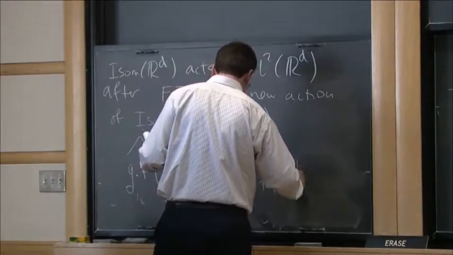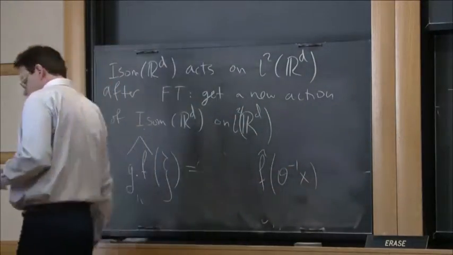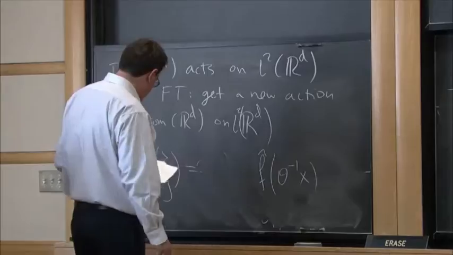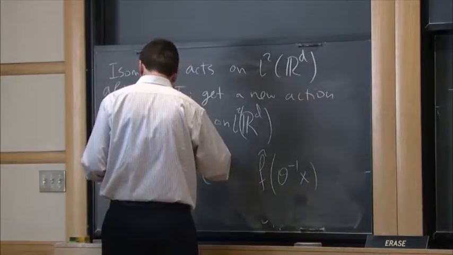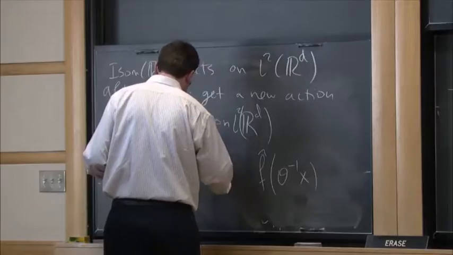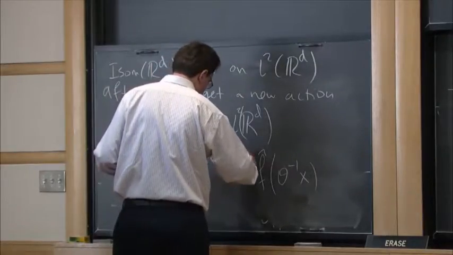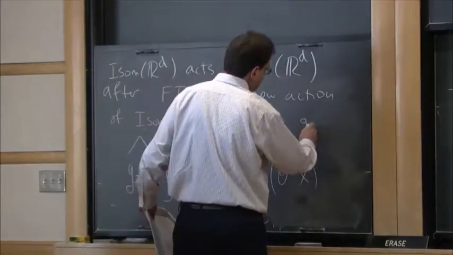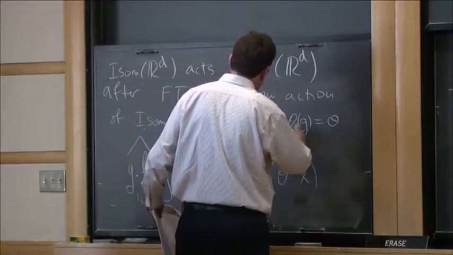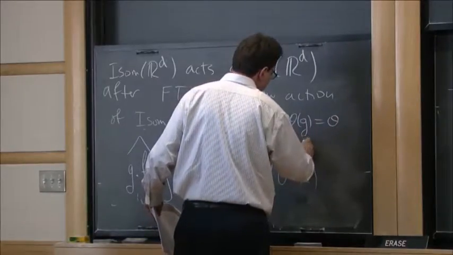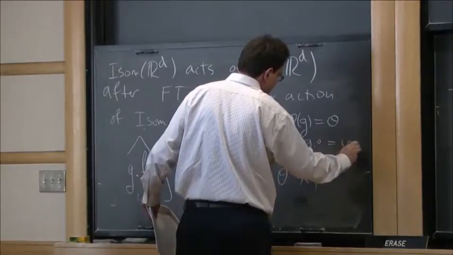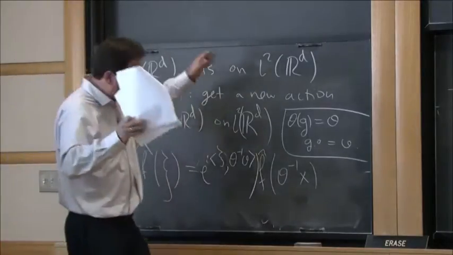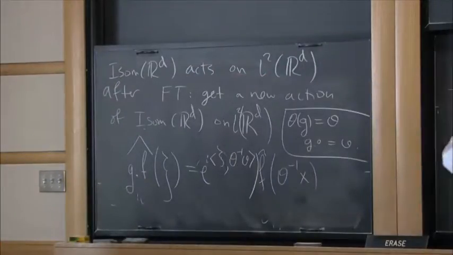Maybe there's an inverse somewhere. You sort of have to have inverses, otherwise it's not going to be a nice action. And there is a phase. Here g has rotation part theta and translation part v. So the action of the isometry group on Rd mixes things around.